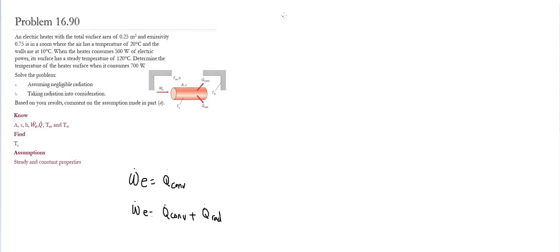If we rewrite the equation, the amount of radiation is going to be epsilon times surface area times the Stefan-Boltzmann constant times surface temperature to the fourth minus T surrounding to the fourth, and the amount of convection is going to be equal to h As times Ts minus T infinity. So notice once again that the heat transfer coefficient is not provided in this case, and that is what we need to find first.